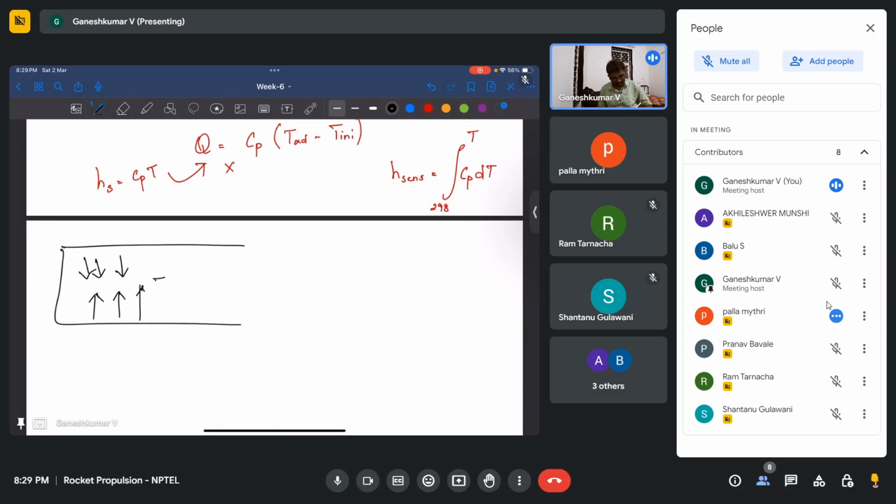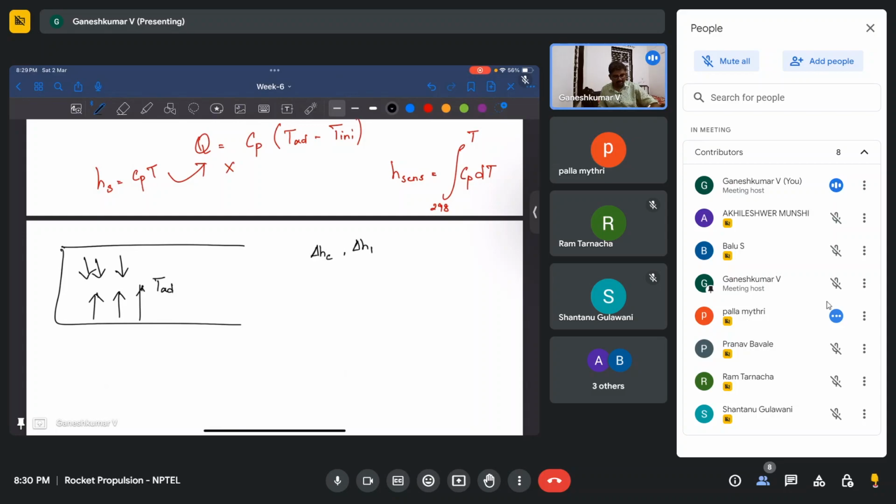So it's not really the heat of reaction we are talking about, it's actually the adiabatic flame temperature inside the rocket. The temperature is very high, and if you cool down the products, then you will get some heat. That is the heat of reaction that we are talking about, the delta Hc or delta H.